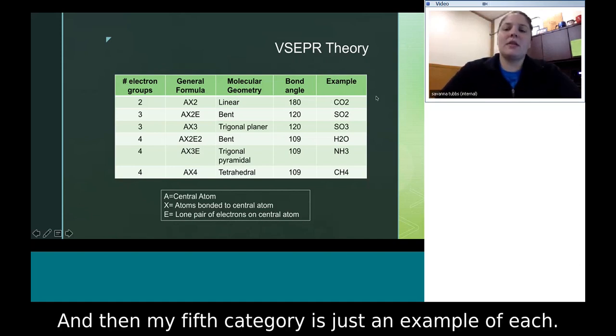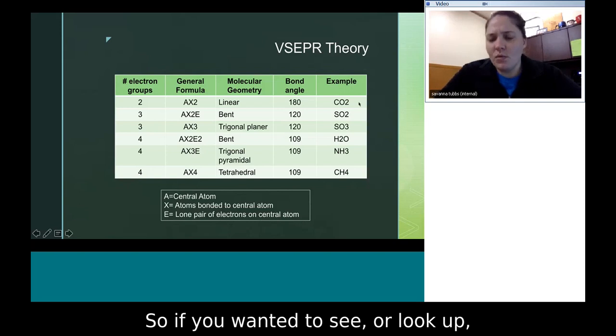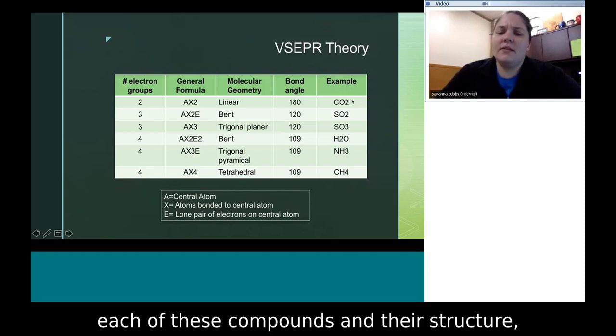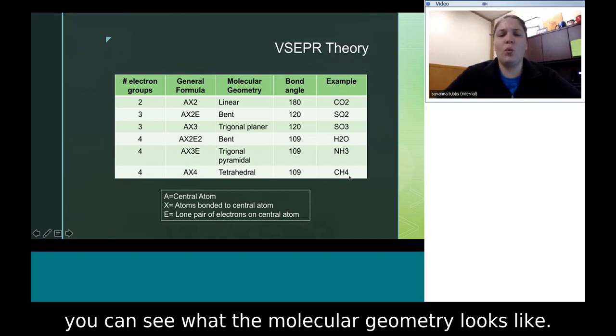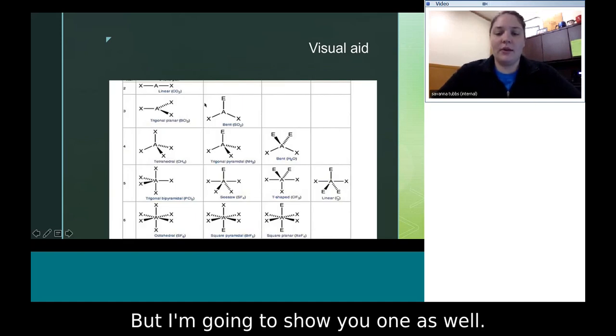And then my 5th category is just an example of each. So if you wanted to look up each of these compounds and their structure, you could see what the molecular geometry looks like. But I'm going to show you one as well.